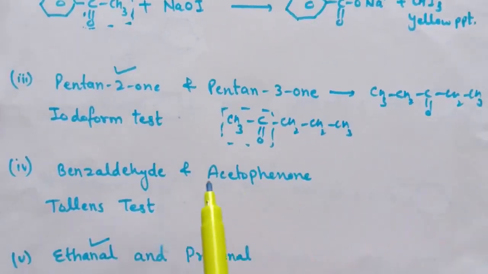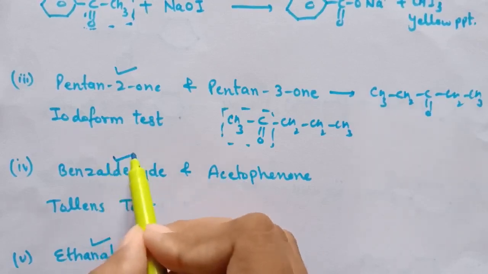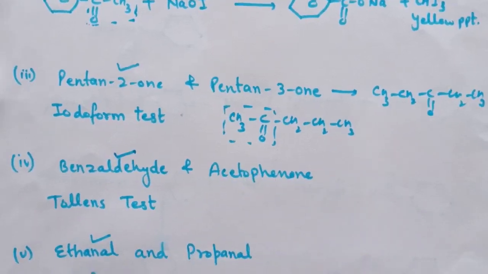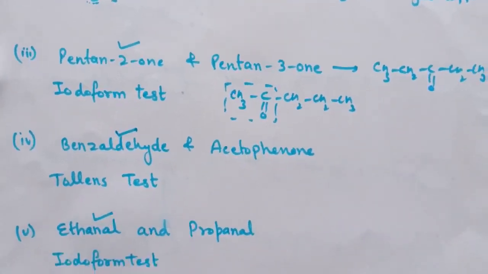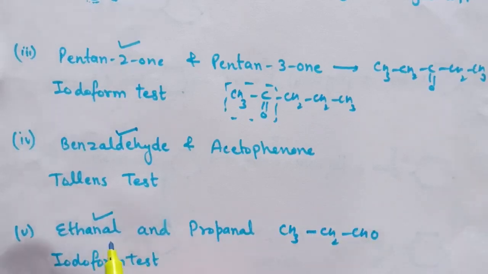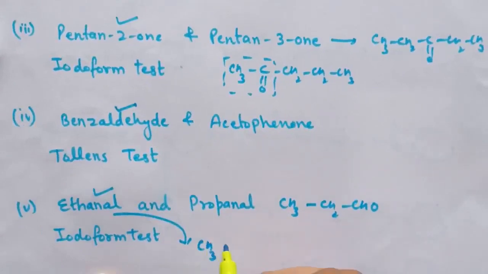Fourth is benzaldehyde and acetophenone. These can be distinguished by Tollens test. Benzaldehyde gives a positive Tollens test, whereas acetophenone does not. Fifth is ethanal and propanal. This can be distinguished by the iodoform test. This is the structure of propanal, and the structure for ethanal is CH3CHO.